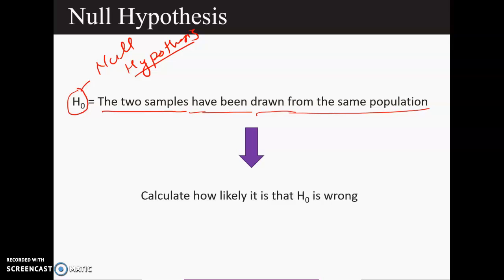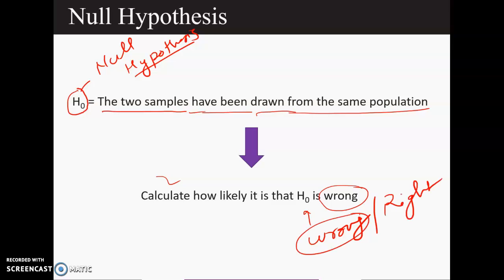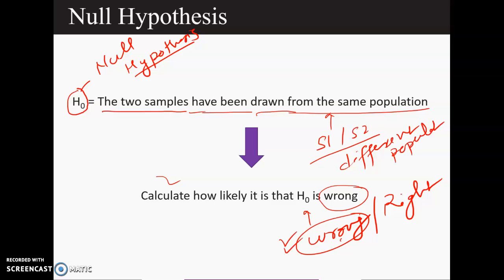And we will calculate how likely it is that H0 is wrong. So we want to see H0 is wrong or it is right. If it is wrong, it means that the two samples, sample 1 and sample 2, are drawn from different populations.